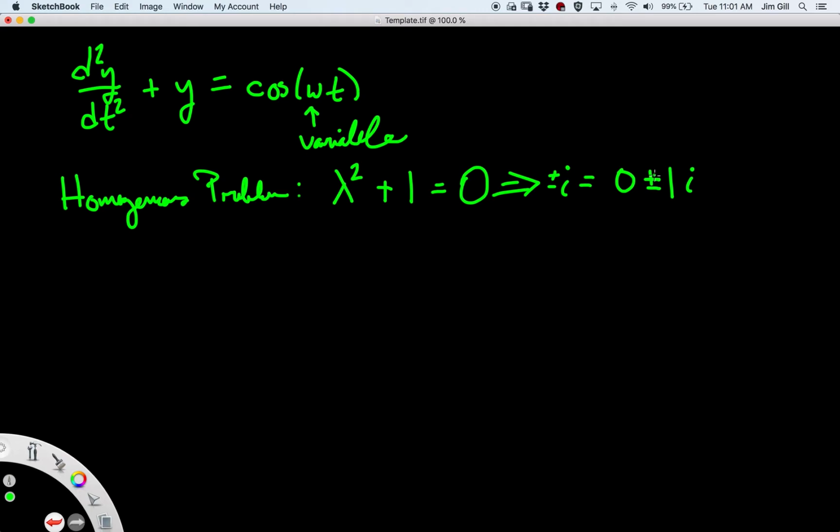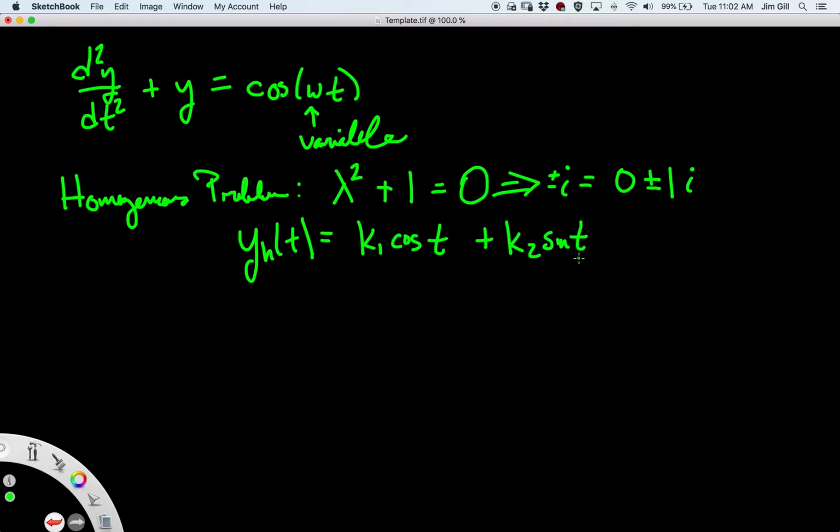So this, without any damping, is, of course, a center oscillation, as we call it. It's periodic exactly. And so the general homogeneous solution is some constant k1 times cosine of t plus a constant k2 times the sine of t.